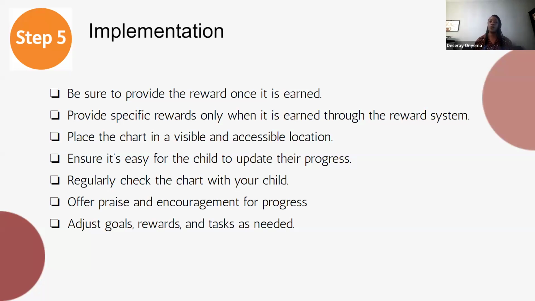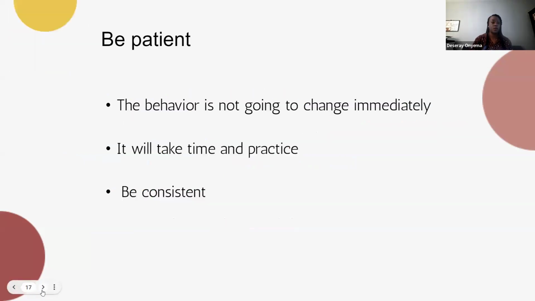Okay, and be patient. It might take a while, especially for behaviors that the child has engaged in for a while, whether it's negative behaviors and the behavior you're focusing on is the replacement behavior. It may take a while for the child to engage in the behavior.